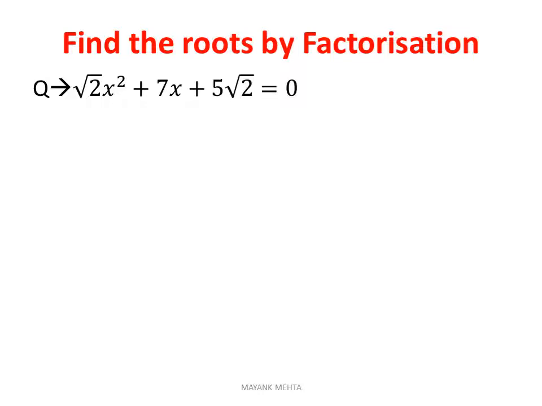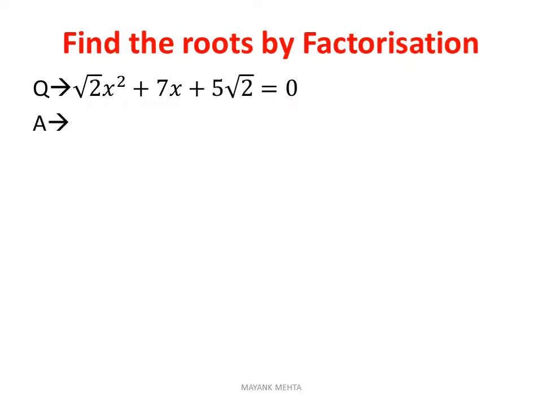You see the coefficients of the first term and last term: root 2 and 5 root 2. You will multiply these two, that means root 2 into 5 root 2. 5 2s are 10. So you need to find the factors of 10 such that the addition is 7. So 5 2s are 10, and 5 plus 2 is 7.